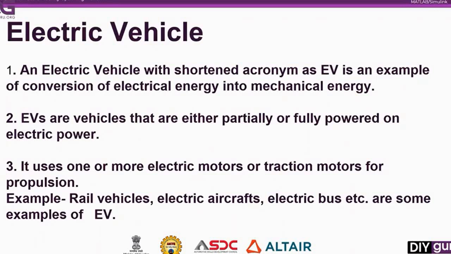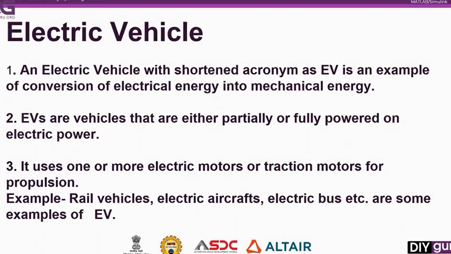You can use fuel cells, which use hydrogen and air to generate electricity, and the discharge is water. Or they can use an electric generator, which will simply convert fuel, petrol or diesel, into electricity, and then use this electricity to run the vehicle. So this is also one type of hybrid vehicle we are going to see.